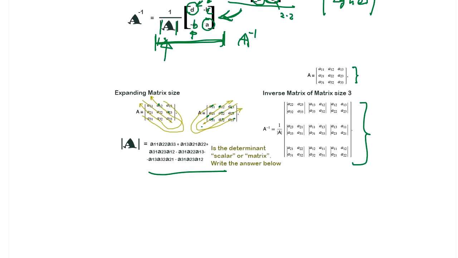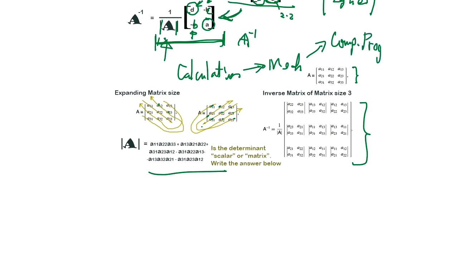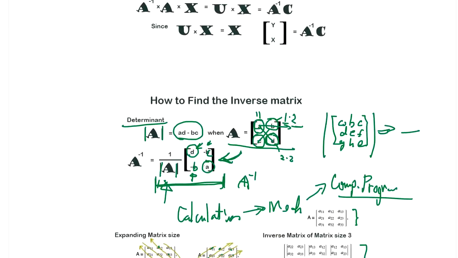Once calculation becomes mechanical, then what can we do? We write a computer program, right? And the computer program can calculate it. And that's how a computer solves simultaneous linear equations.